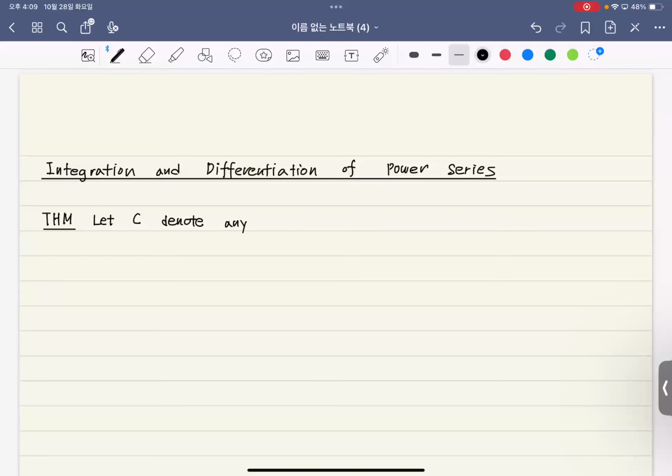Suppose that I have a curve, and I require that this curve is interior to the circle of convergence.